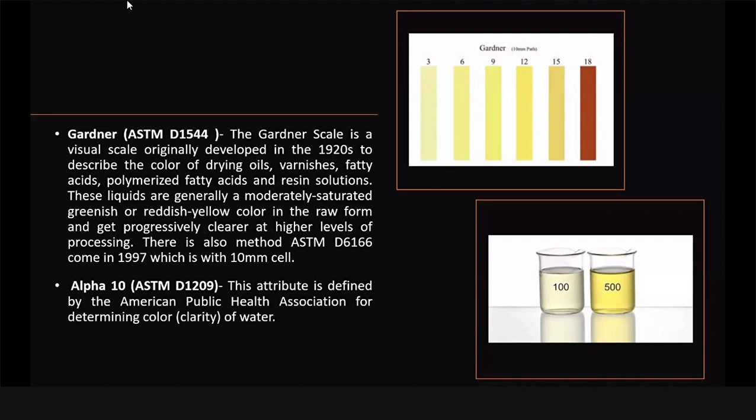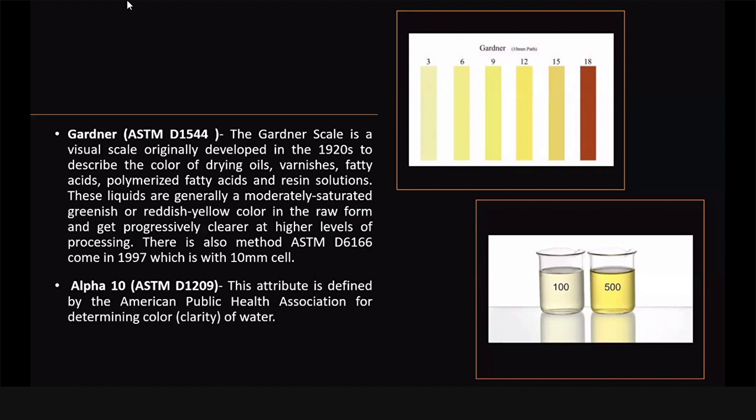Later, in 1997, one more standard came up. It is ASTM D6166. It uses the same background as the original Gardner color scale, but it came with a 10 mm path cell measurement method.